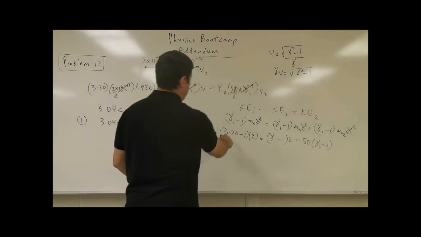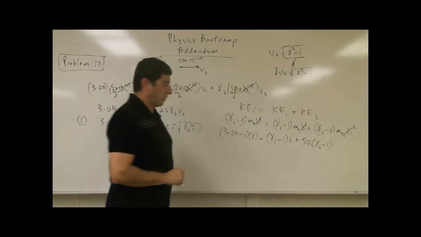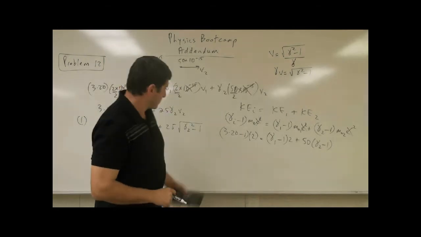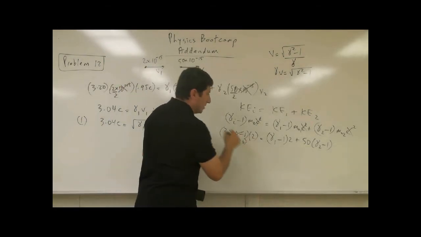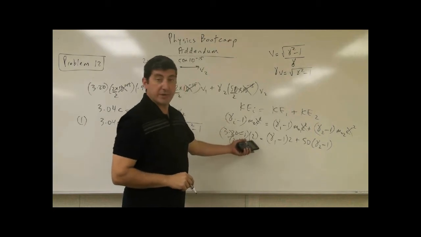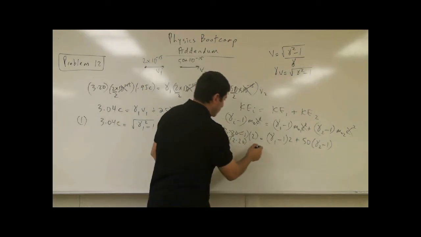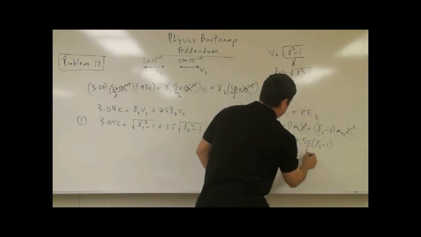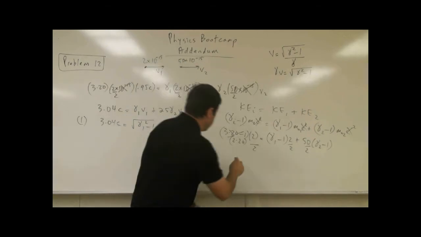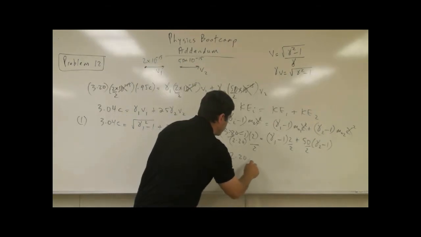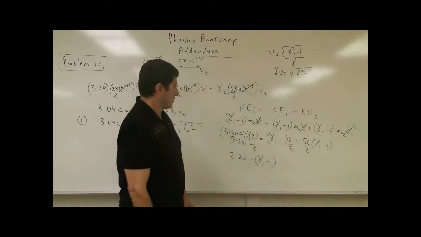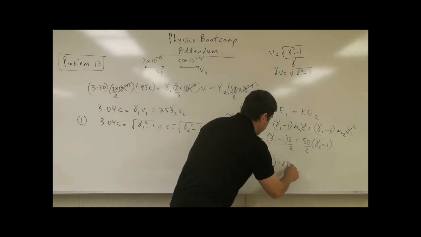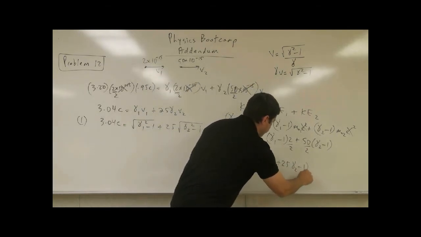So what do we have? Well, 3.20 minus 1, that's going to be what? 2.20 times, well, actually it's probably better just to even divide by 2. Divide by 2, divide by 2, divide by 2, and you just simply have 2.20 is equal to gamma 1 minus 1, right? Plus 25 gamma 2 minus 1.